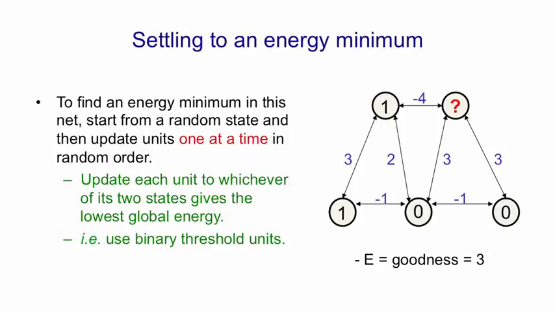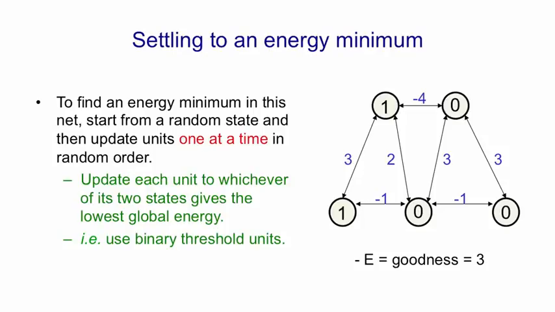That's below 0, so we turn it off, i.e. it stays in the off state. Now let's probe another unit. Again, it gets a total input of 1 times 3 plus -1 times 0. So it gets a total input of 3, so the binary threshold decision rule will make it turn on.